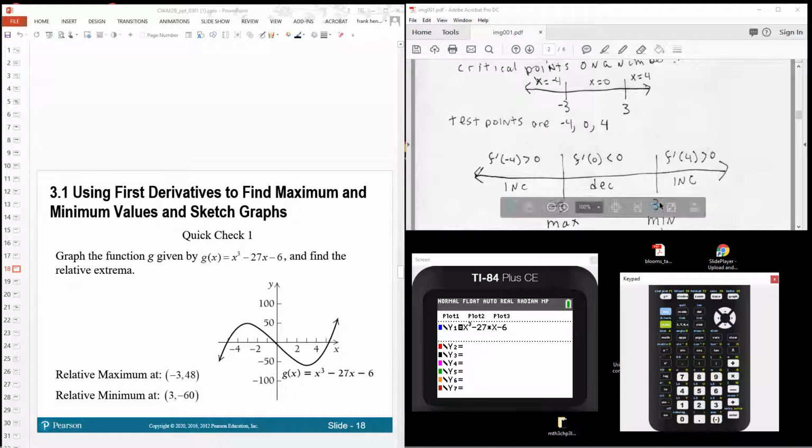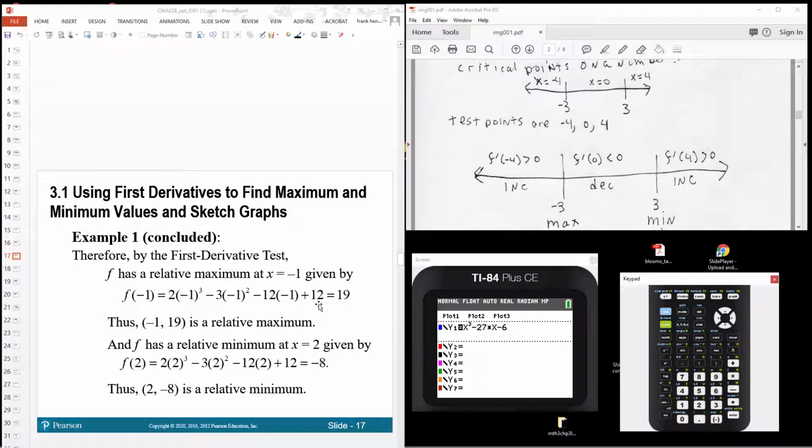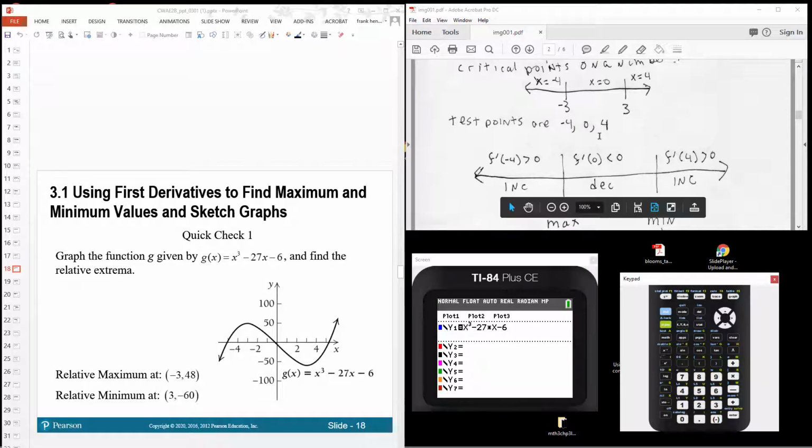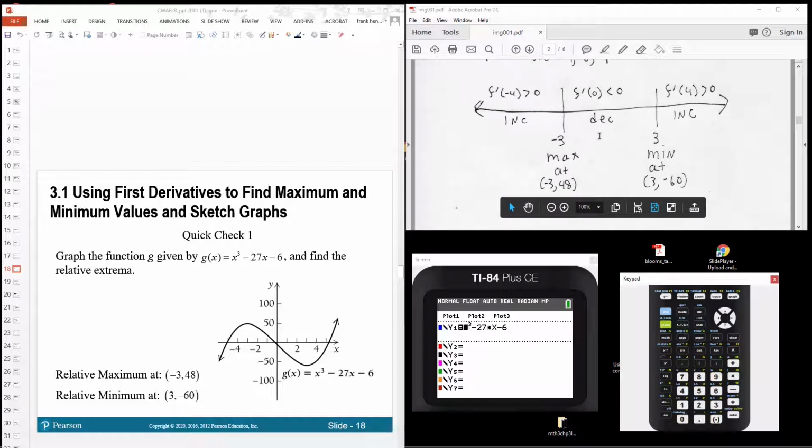And then it's increasing here after coming out of that minimum. And it tells us there for our f values, you can find our minimum and our maximum to be at those points. And so they ask you to do.